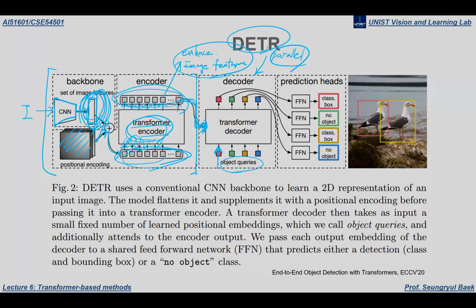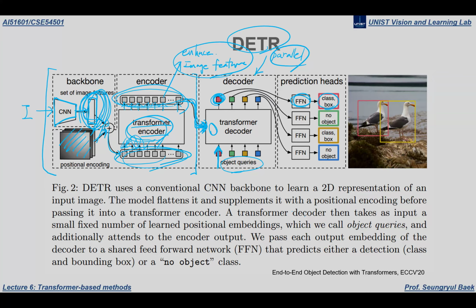These random vectors are cross-attended with the enhanced image features, independently mapped to outputs of the decoder, and further applied with an MLP to be mapped to the class information and bounding box information. Are you guys following this?